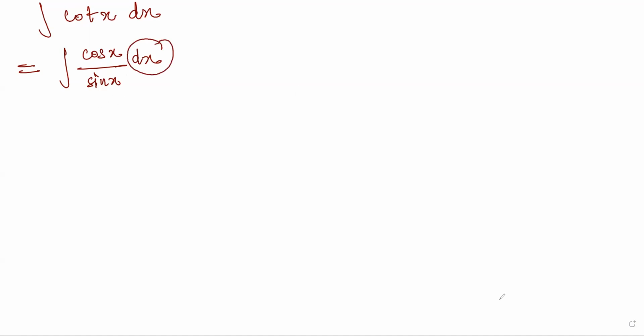So remember this, you have to replace dx as well by dt. So if we choose sin x as t and proceed, what is the final answer? Please tell me. Just solve this: log mod of sin x plus c.